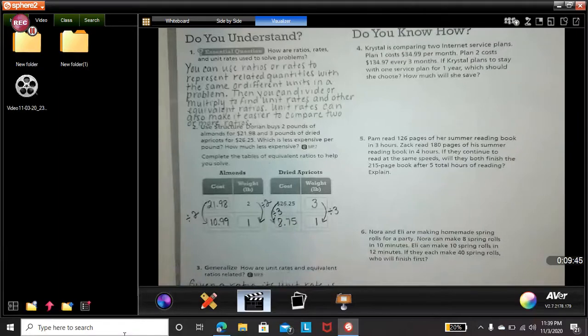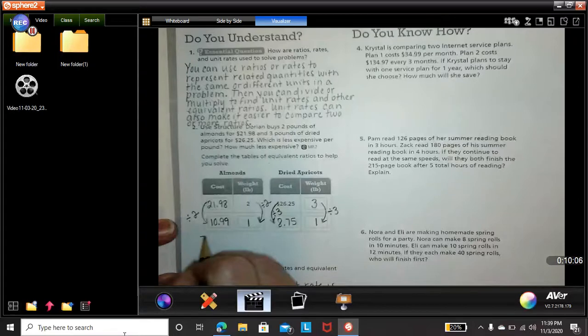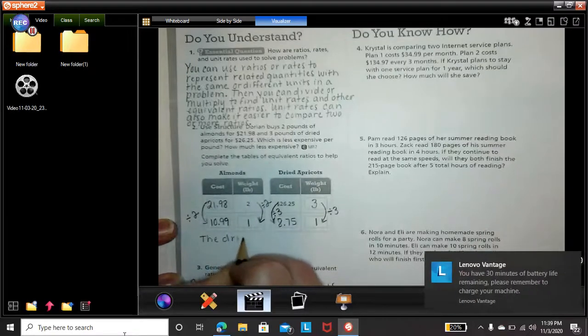So now it's easy to compare the prices for the almonds and the apricots to determine which is cheaper per pound, since the number of pounds we're purchasing, just a single pound, is the same. So here we're going to write down that the dried apricots are cheaper.